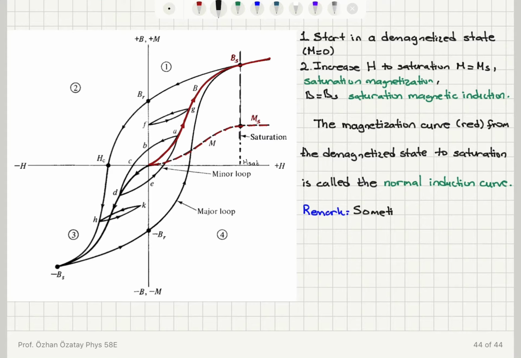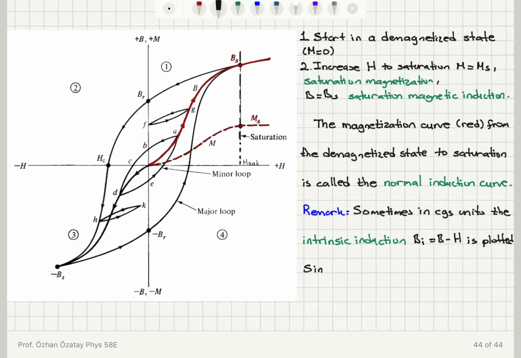Sometimes in CGS units, we will see that the intrinsic induction, which is defined as the difference between magnetic induction and the applied magnetic field, is plotted as a function of the magnetic field.